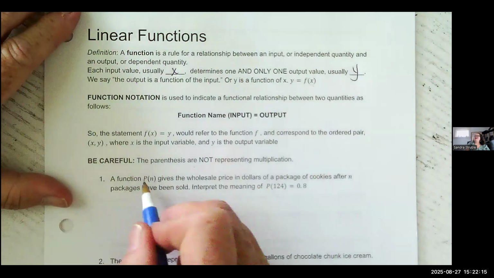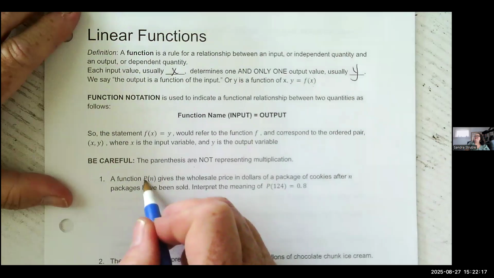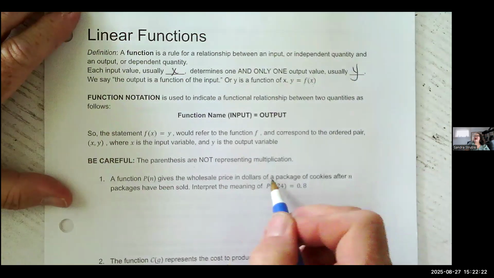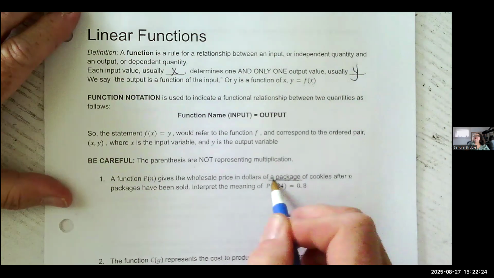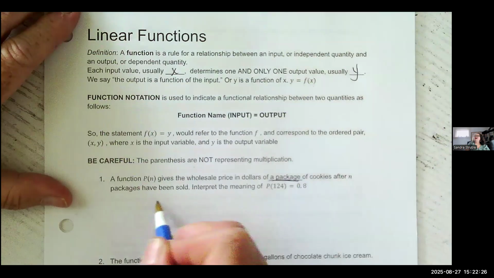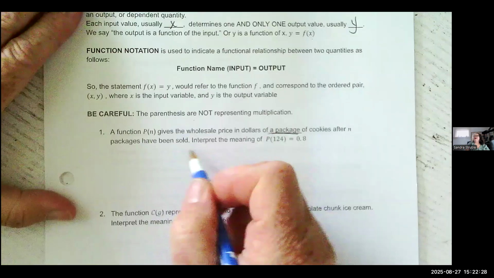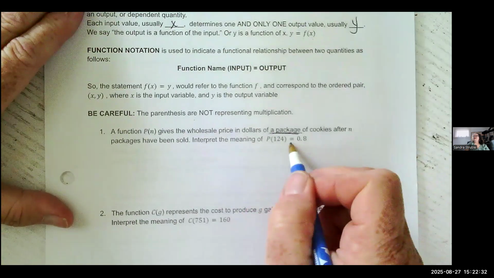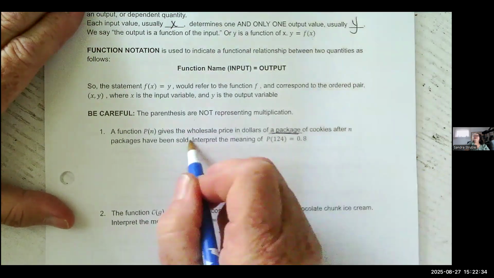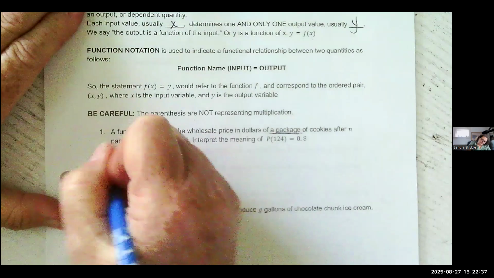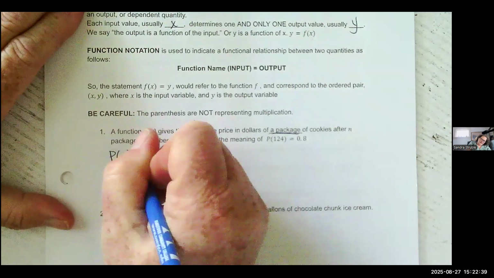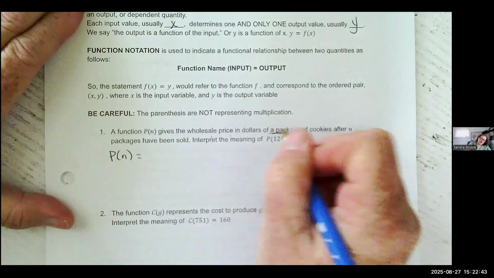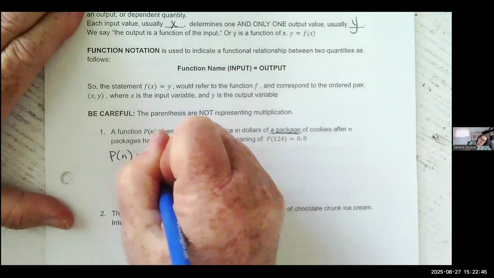A function P of N gives the wholesale price in dollars of a package of cookies after N packages have sold. Whenever they ask you to interpret the meaning of P of 124 equals 0.8, this means that P of N represents the wholesale price in dollars of one package of cookies.